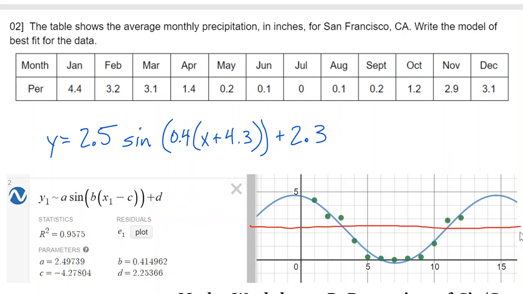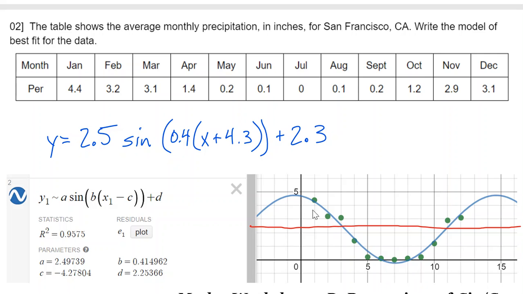If we're talking about average monthly precipitation across 12 months, where do you think the average is going to lie? Right down the middle, right? 2.3 actually represents a fair estimate of the average precipitation across the entire year. If you take all 12 months and add them up and divide by 12, you should get about 2.3. So that represents what the average rainfall would be for any given month.